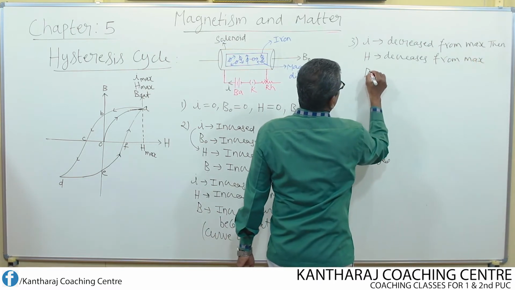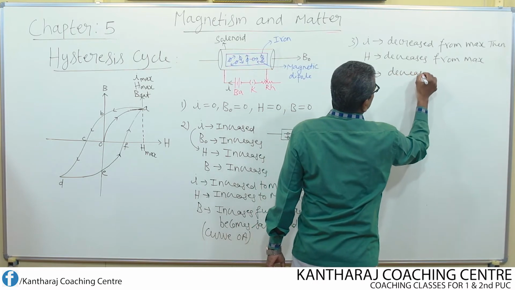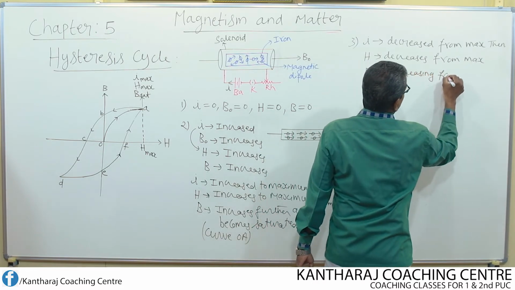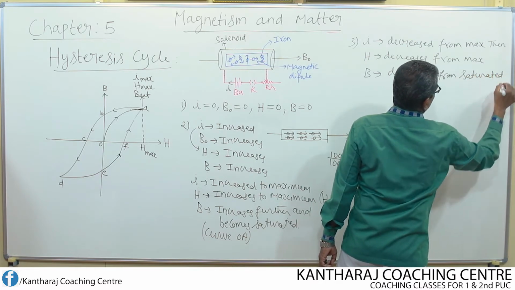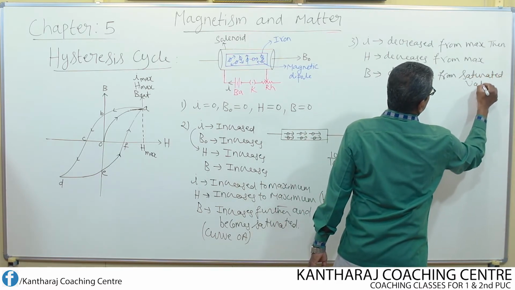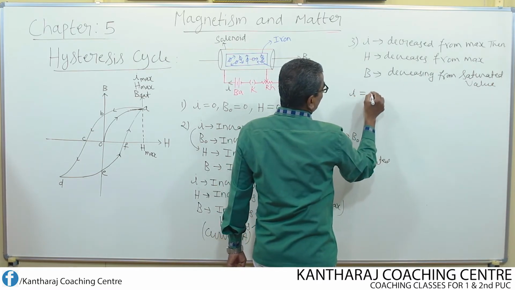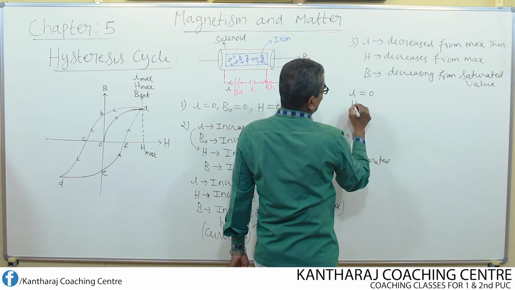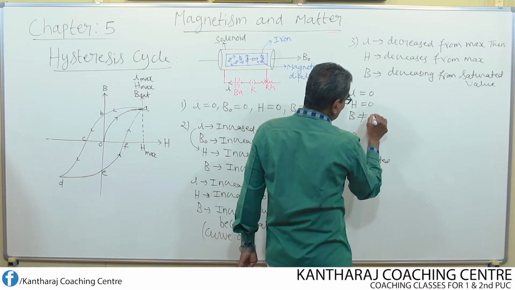Now what happens to B? B also starts decreasing from the saturated value. Then if I is made finally 0, then H also becomes 0, but B does not become equal to 0.